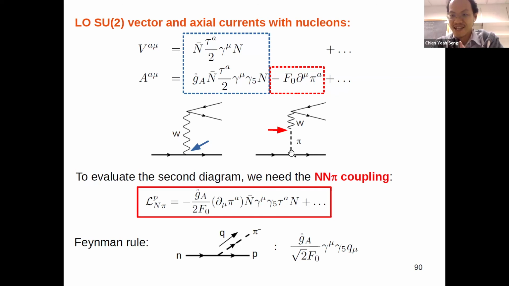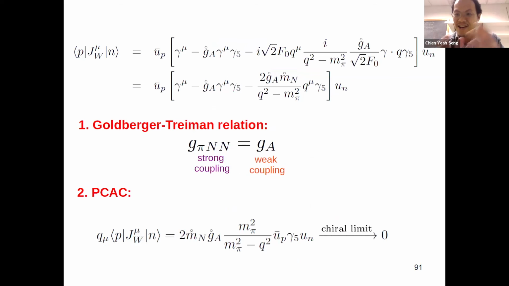This is interesting because it turns out that the weak coupling constant is tied to a strong coupling constant. This shows that the weak decay process is induced by the pion: the nucleon couples strongly to a pion, and the pion decays weakly to the lepton pair.